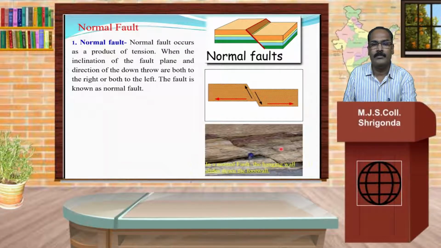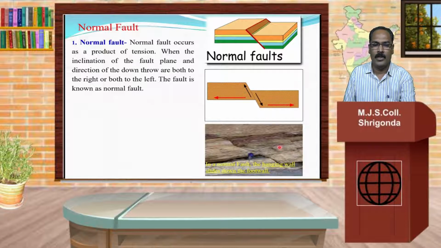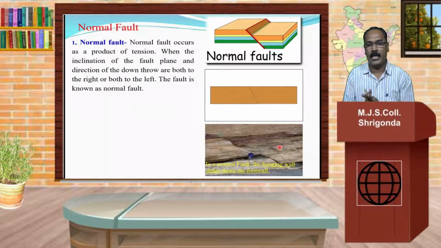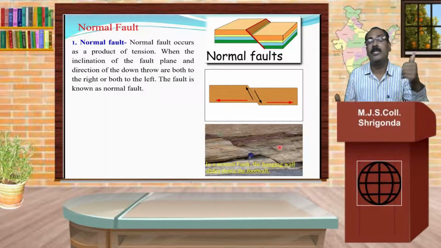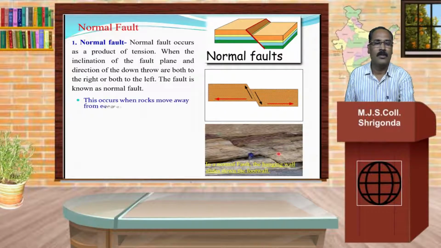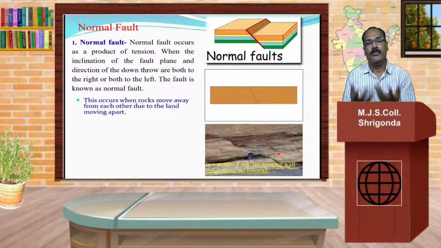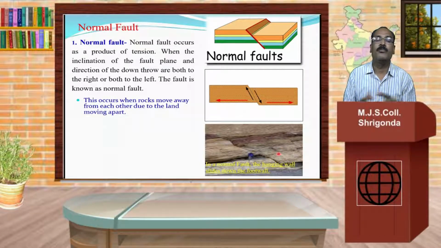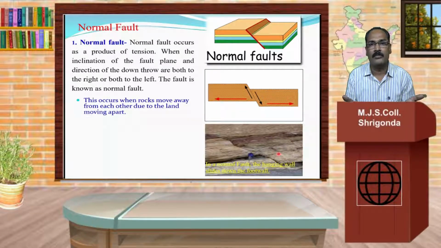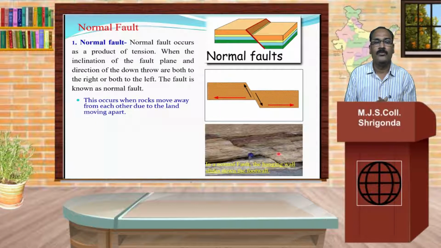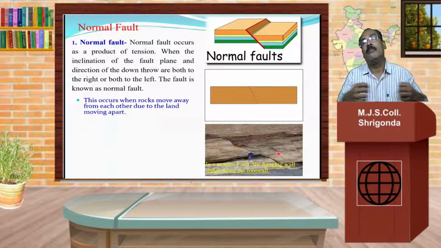Okay, in a normal fault the hanging wall slides down relative to the footwall. These occur when rocks move away from each other due to the land moving apart.